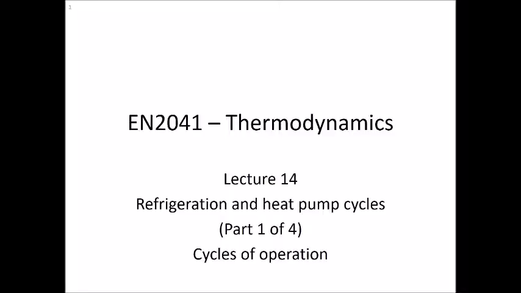That could be the diesel cycle, the Otto cycle, the Brayton cycle, or possibly the Rankine cycle. And we're going to go from that into a system which turns power or work into heat. So we run the problem backwards.